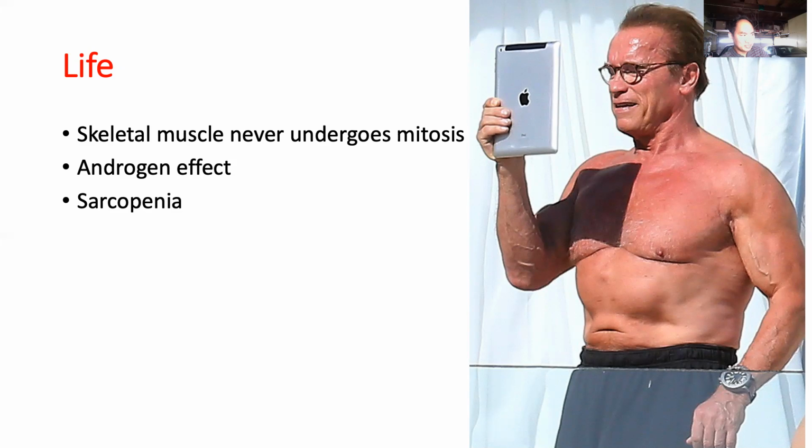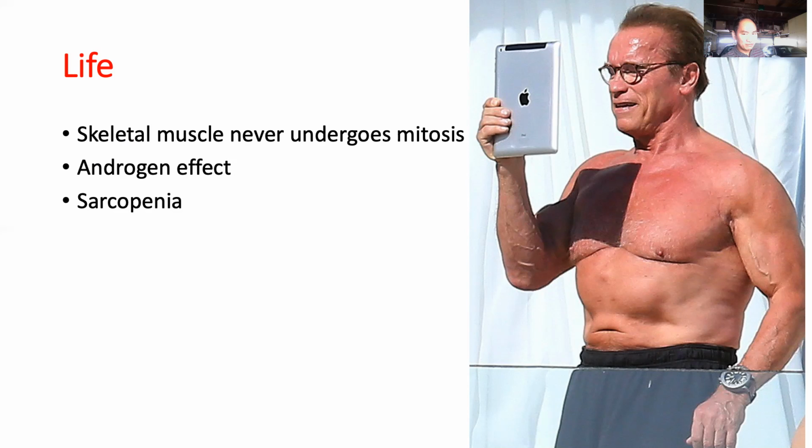We cannot stop losing muscle fibers, but we can do weight training and use the remaining fibers to get the same strength. Because muscle contributes a large portion of the body, it contributes a large portion of body weight. Therefore, when you get to old age, you lose muscle and you get weight loss. Androgen has a positive effect on the muscles, but very sadly, skeletal muscles will never undergo mitosis. So once you lose it, you are not going to get it back.